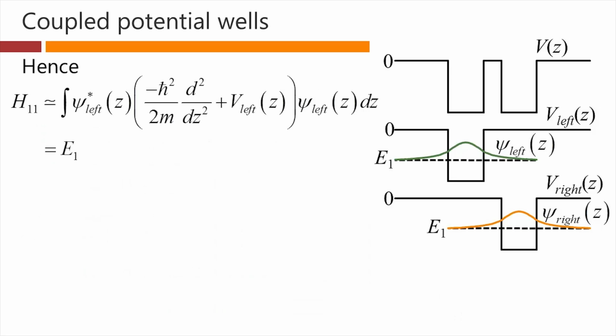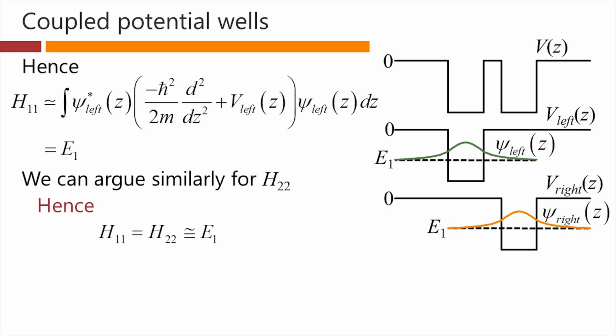Hence, when we look at this H11 here, we lose the plus V right of z inside here. We're just not going to have that. And of course then this matrix element simply becomes E1. This is just the evaluation of the Hamiltonian for the left-hand problem on its own. And we can argue similarly for H22, which is just associated with the other wave function, with this one here.